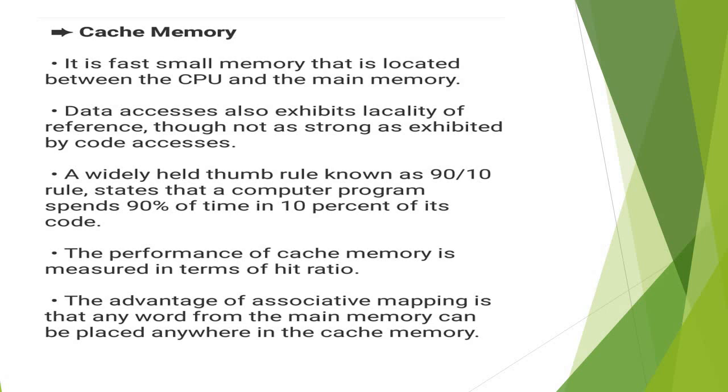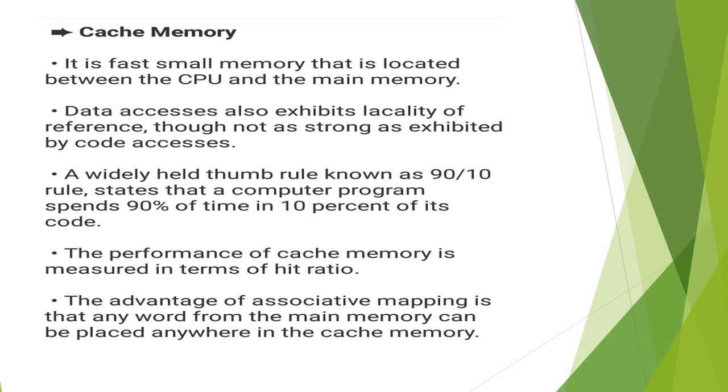Next point, data accesses also exhibit locality of reference, though not as strong as that exhibited by code accesses. A widely held rule of thumb known as the 90/10 rule states that a computer program spends 90% of its time in 10% of its code. The performance of cache memory is measured in terms of hit ratio.